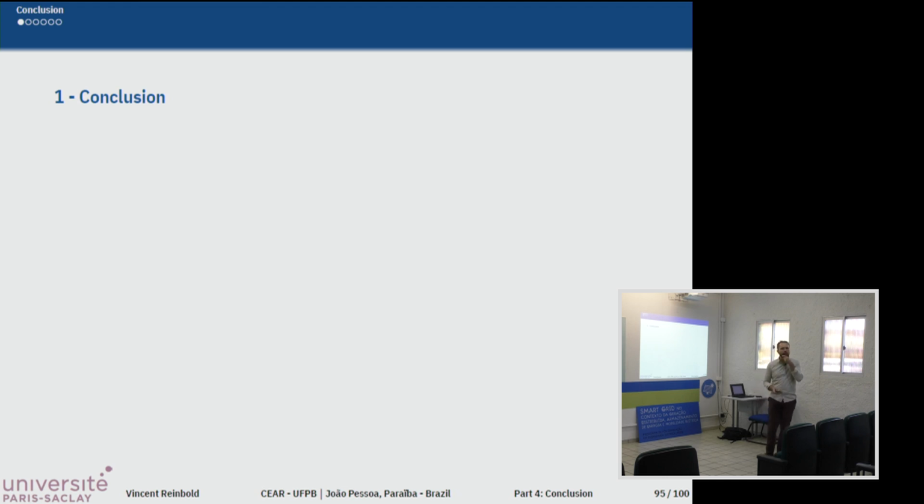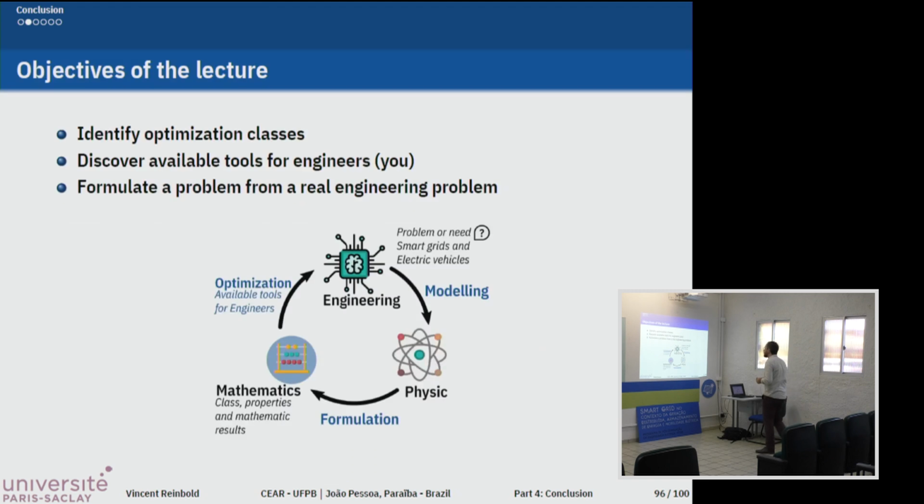So here comes the conclusion of the lecture. The objective of the lecture was, first, to identify optimization classes. That was the first two courses. Secondly, to discover available tools to tackle those optimization problems.